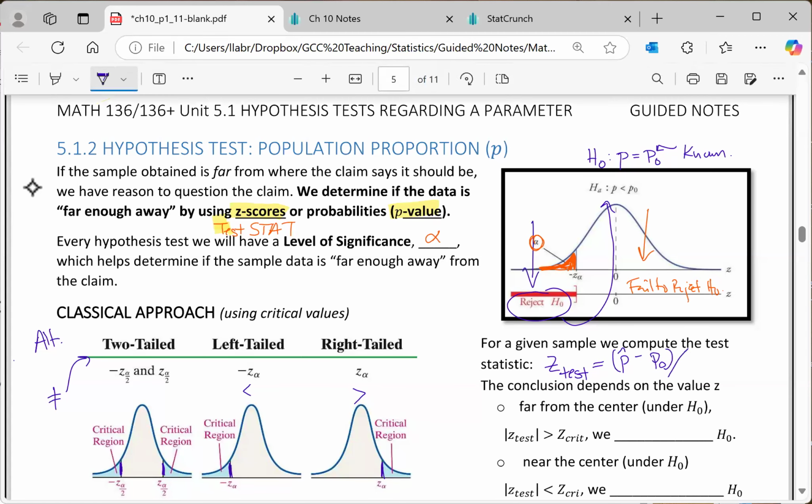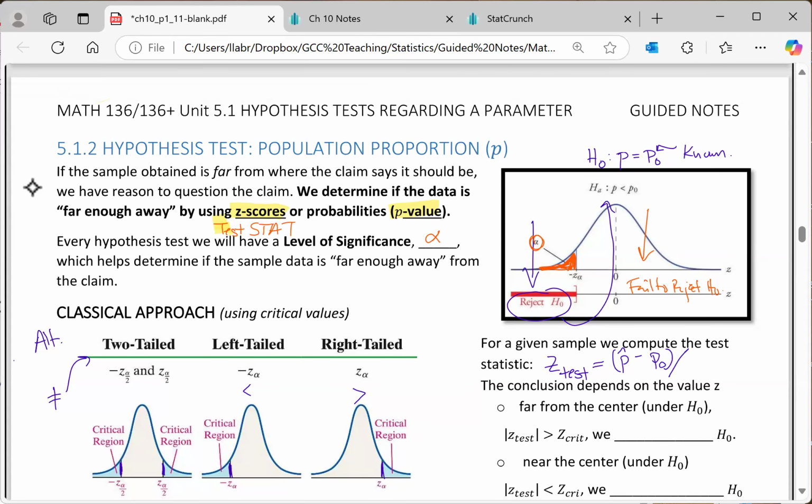Then we divide that by the standard error for the sampling, which is the square root of p0 times 1 minus p0 all over n. The awesome part is that we don't have to do this by hand. Our z-test, our test statistic, is found via StatCrunch.